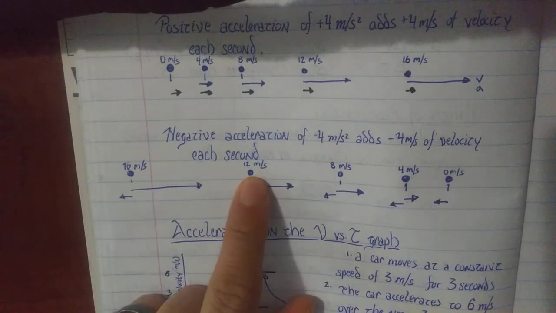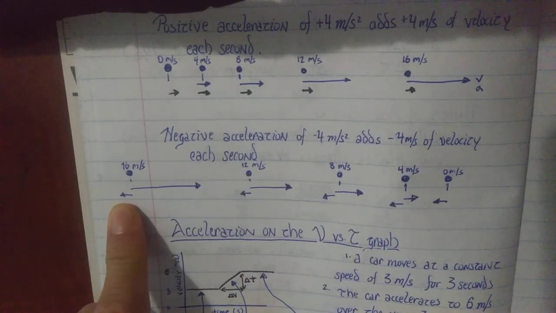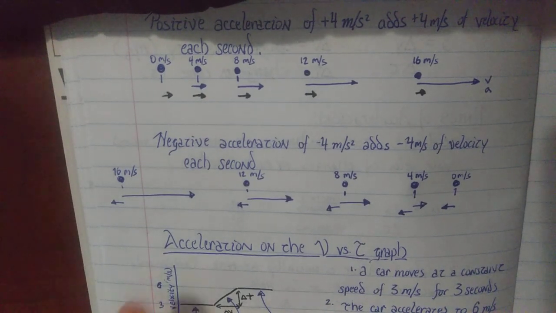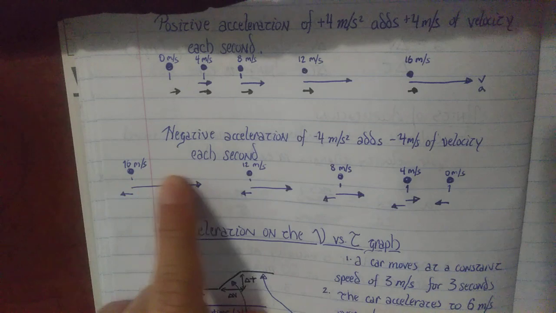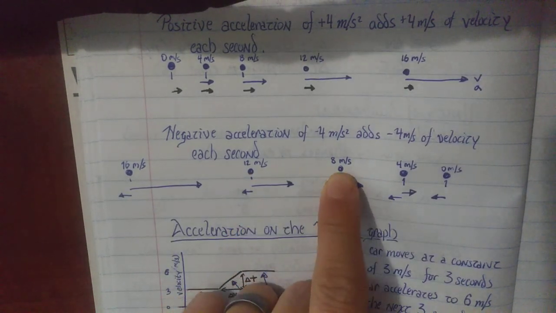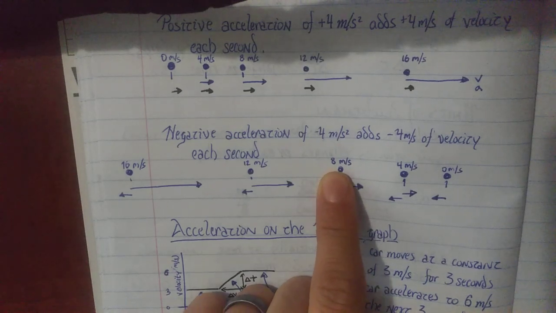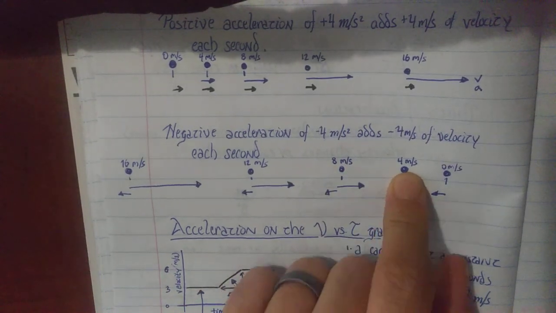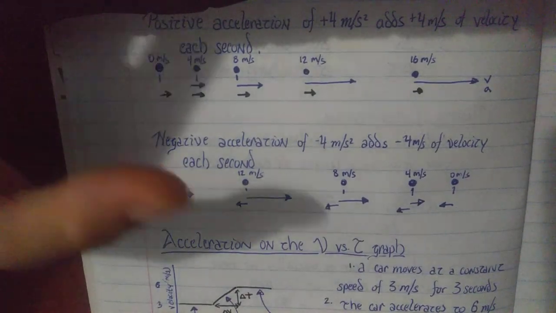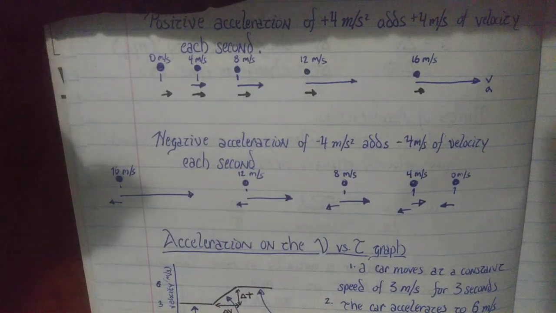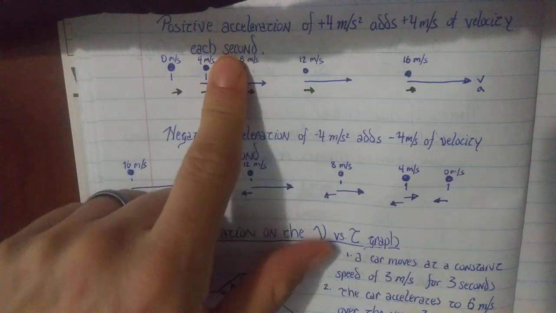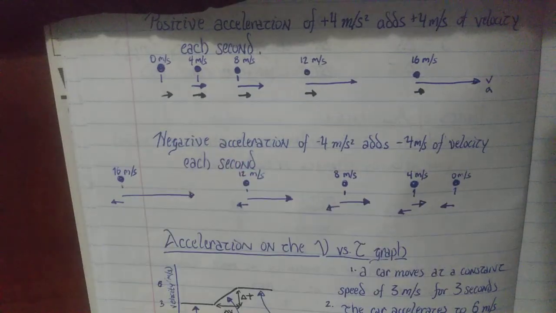So this guy's got his brakes on, and he's got a negative 4 each second that goes by. So 16, then a second goes by. Minus 4 is 12. Another second goes by. Minus 4 is 8. Another second goes by. Minus 4 is 4. Another second goes by, and he stops. So that's why a negative acceleration is like putting on the brakes. A positive acceleration is speeding up. That's the difference between a positive acceleration and a negative acceleration.